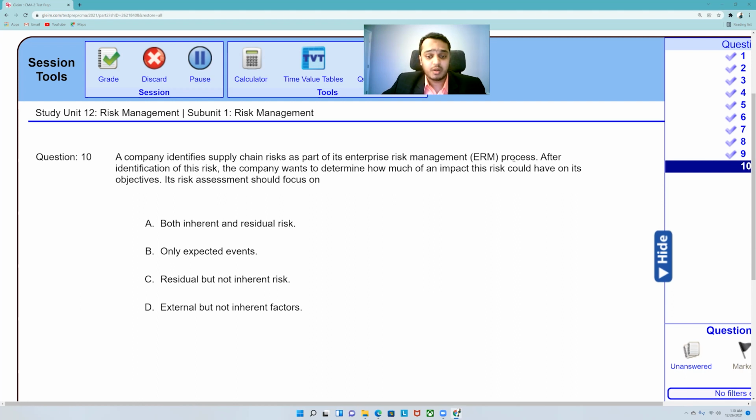Should your focus be on inherent and residual risk? Only expected events, cut it off, cannot be the answer. Residual but not inherent, external but not inherent. So it is telling this, not that, this or not that. That's not fitting in the answer for me.